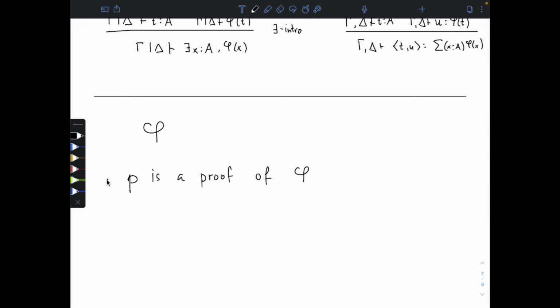Now, a related statement that you could make is to say that phi is provable. Provable means that there exists a proof, but you're not specifically giving one. You're just saying that there is a proof, but you haven't actually demonstrated a particular one. So that is a difference here.